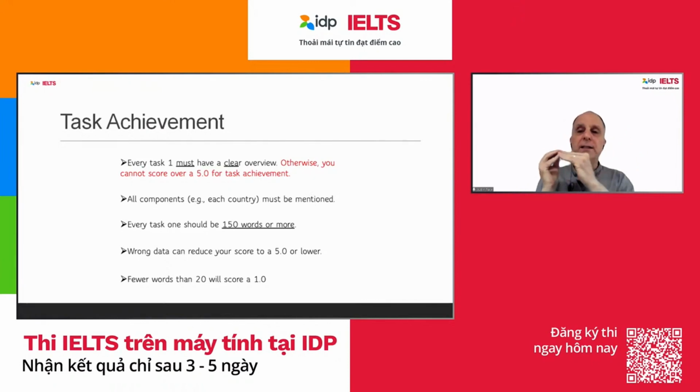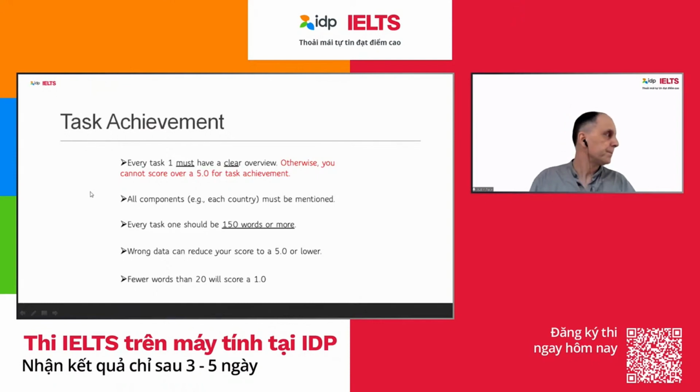However, if the country doesn't produce much, for example, only mention them very briefly. Obviously, 150 words or more. Wrong data can reduce your score to a 5.0 or lower. So make sure that your data is correct.